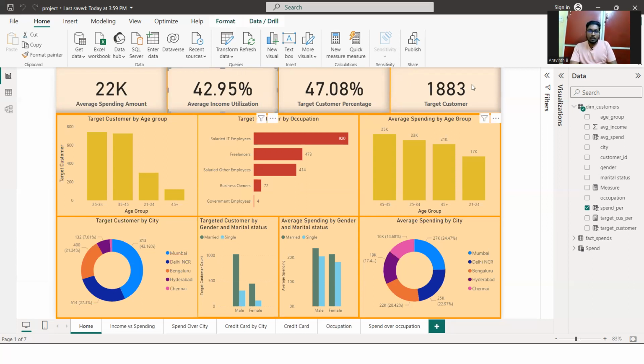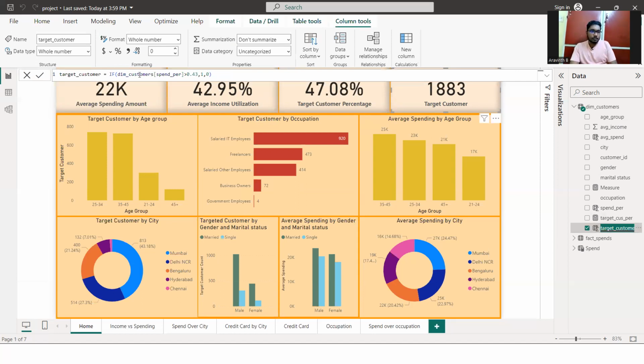I have set this limit for target customers at a spend ratio of 0.43, which is slightly above our average income utilization. If a customer's spending ratio is more than 0.43, they are potential customers for our credit cards.